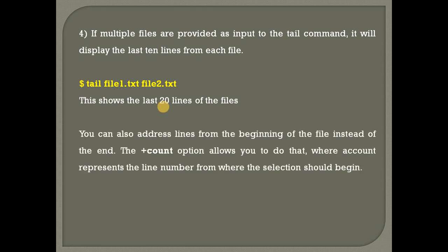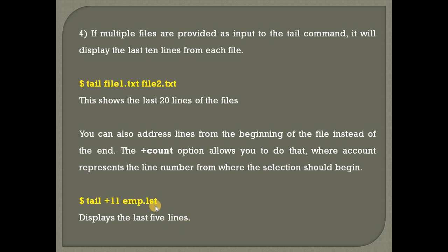You can also address lines from the beginning of the file instead of the end. The +count option allows you to do that, where count represents the line number from where the selection should begin. So in this case, tail +11 emp.lst, this is the name of the file, displays the last 5 lines.